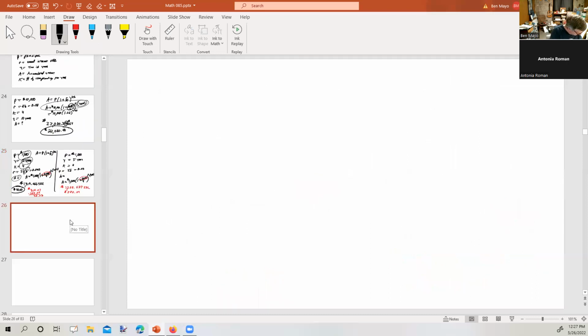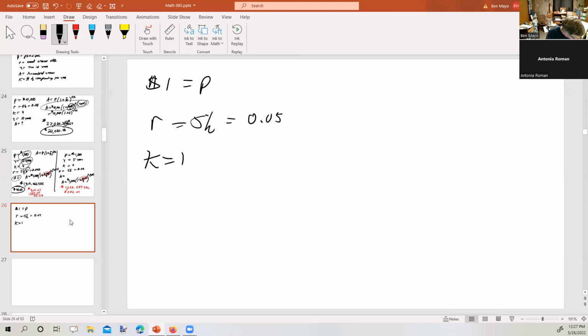This says compound interest. If $1 had been invested on July 4th, 1776, so $1, that's our principal. July 4th, 1776, at 5% interest, compounded annually, so K is 1, what would it be worth July 4th, 2076?